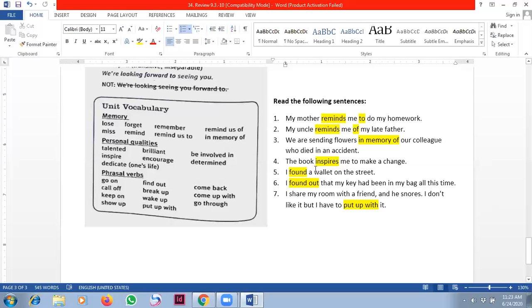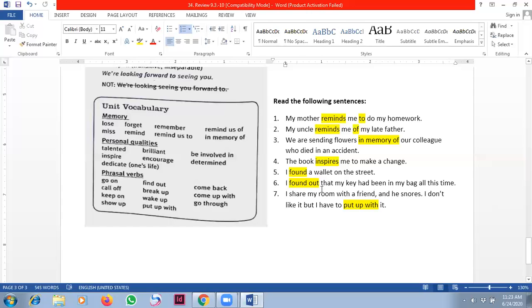Now here, there's often a confusion between found and found out. I found a wallet on the street. It means I saw it. Nobody saw it, and then I saw it, and then I picked it up. So I found a wallet. But found out means to understand, to discover. Okay, so this is different.